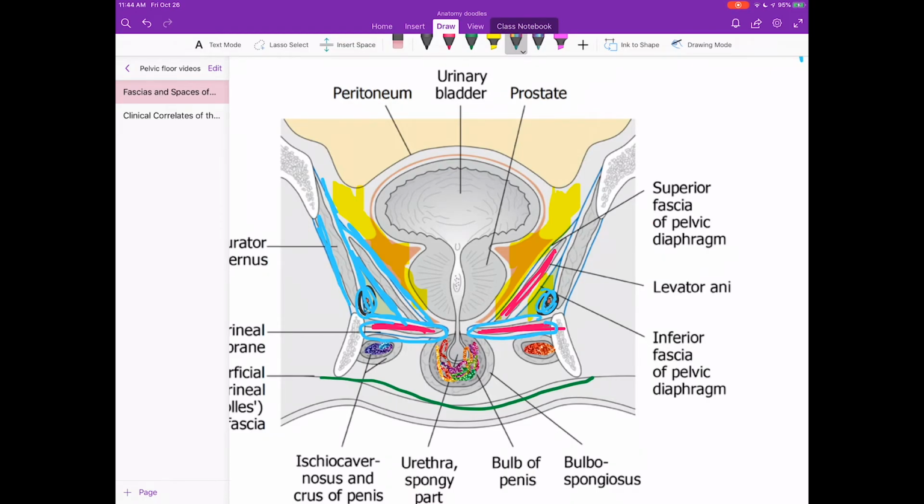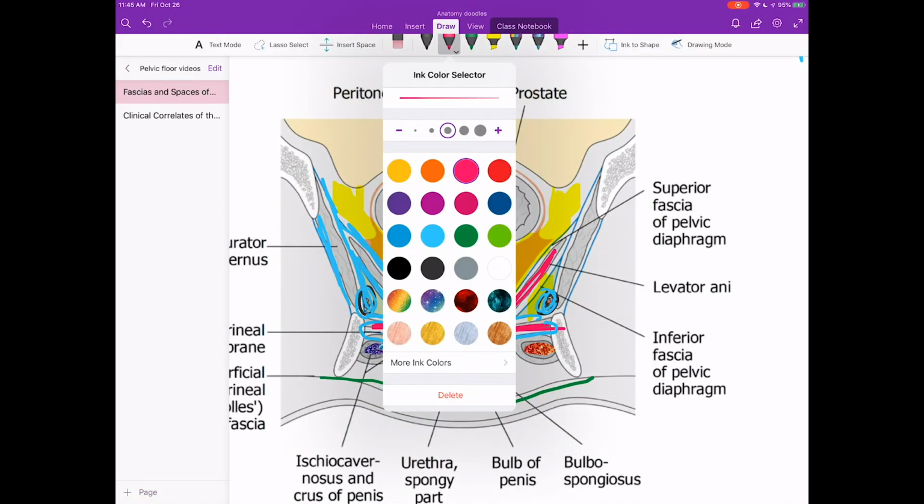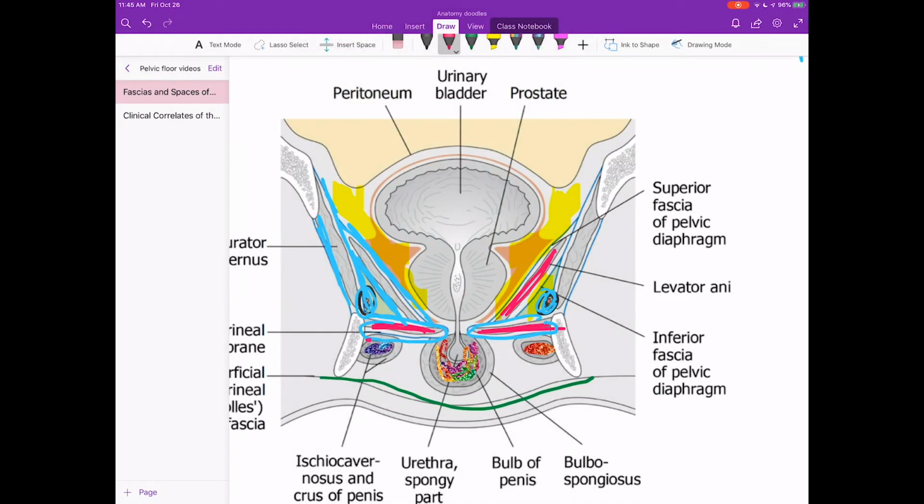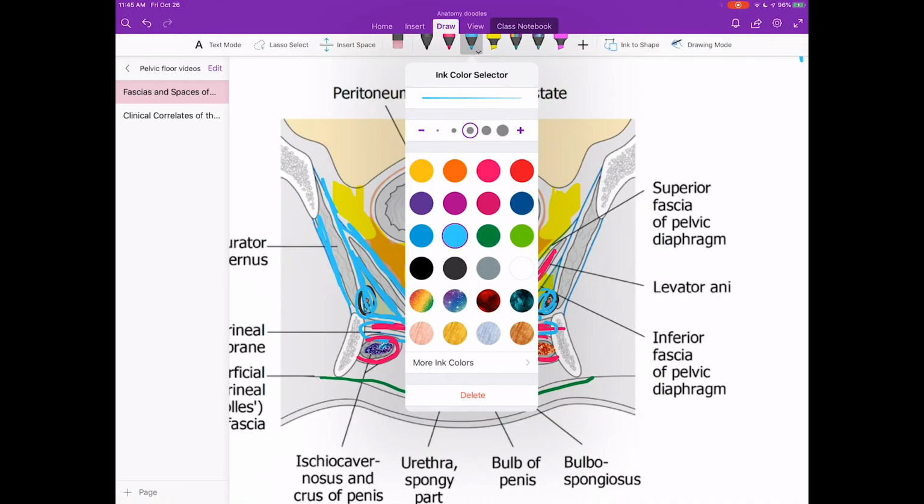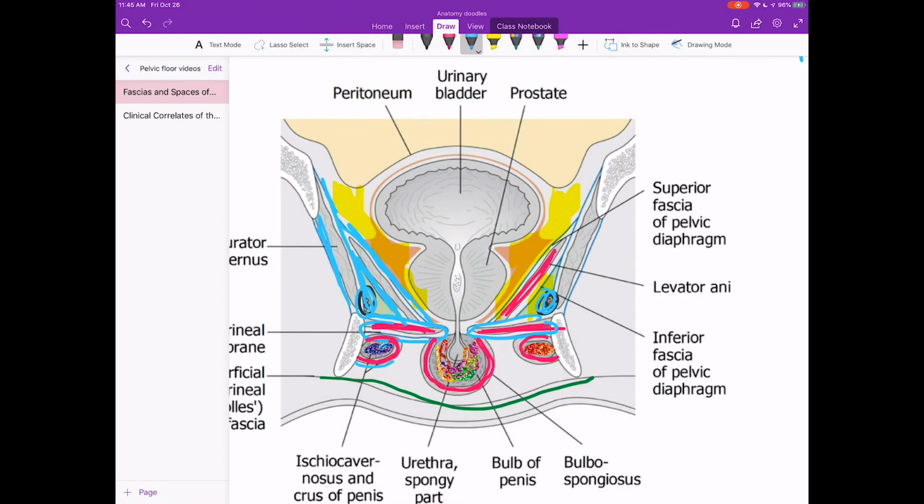It also contains the muscles. We'll use red for muscles. It contains the muscles ischiocavernosus and bulbospongiosus, and like any other muscle that we've seen that's somatic, it's going to have its own deep fascia. So here's our deep fascia.